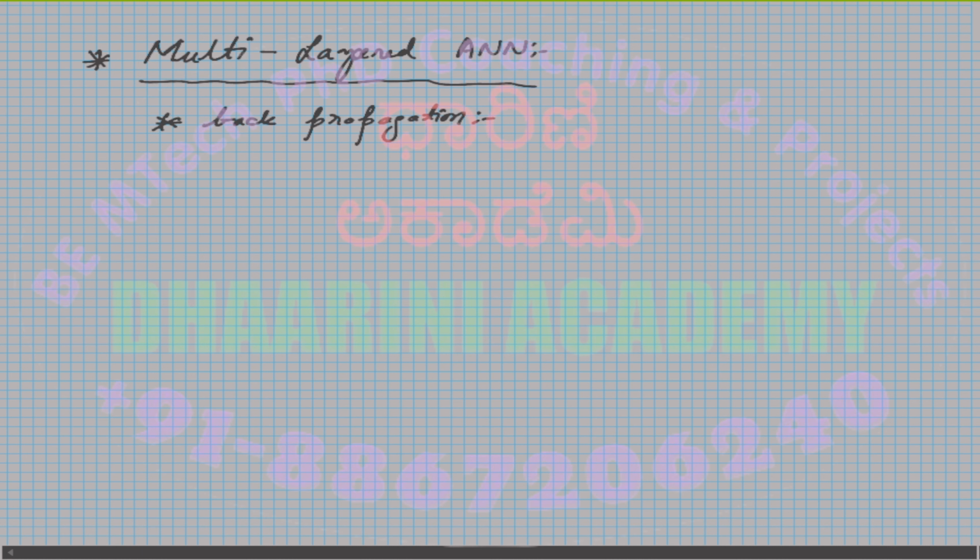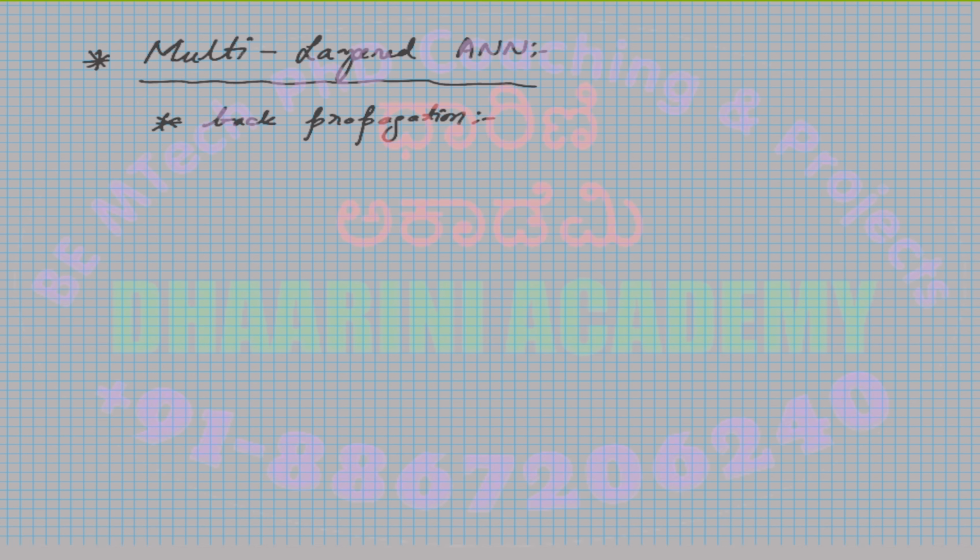Right. So the significance of the back propagation algorithm is that it provides a systematic method to determine the errors of hidden layers, right?